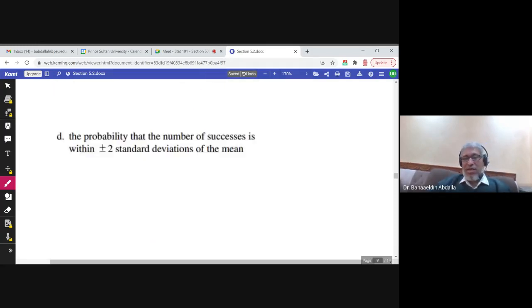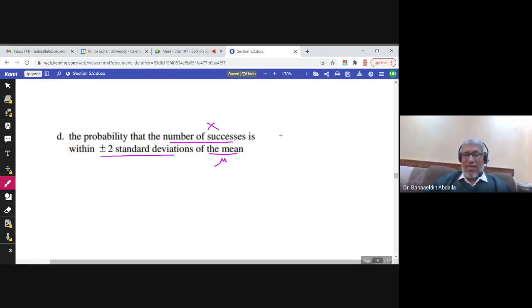What is the probability that the number of successes is within plus or minus 2 standard deviations of the mean? What does it mean? Number of successes, x. Mean, mu. X is within plus or minus 2 standard deviations of the mean. So we need x to be within this distance from the mean, 2 standard deviations.